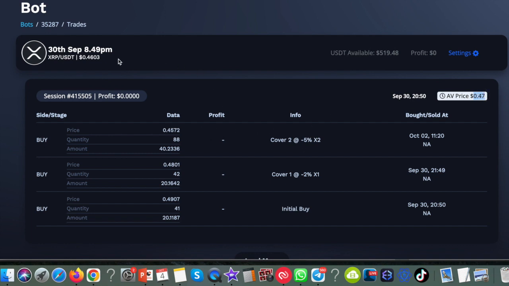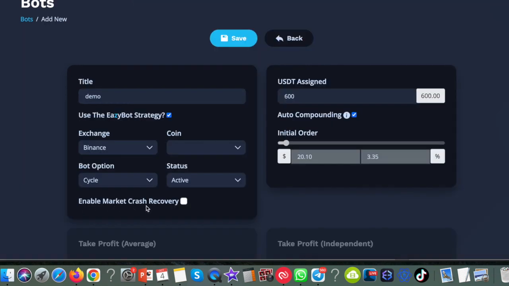And then eventually it would be able to close out these trades and put you in a profit. So this market crash recovery is absolutely mind-blowing.